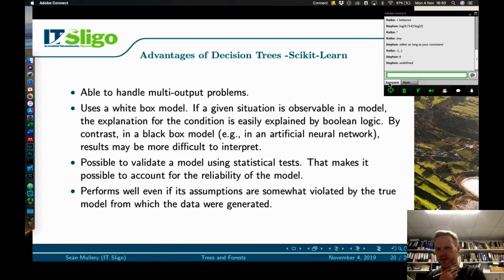So if a given situation is observable in a model, the explanation for the condition is easily explained by Boolean logic. By contrast, in a black box model, for example in an artificial neural network, results may be more difficult to interpret. It's possible to validate a model using statistical tests, and that makes it possible to account for the reliability of the model.